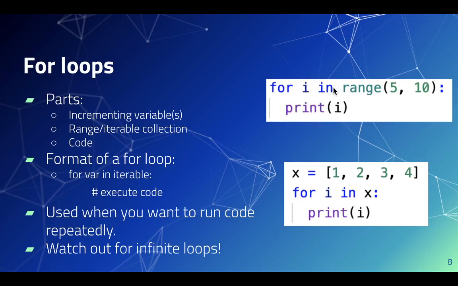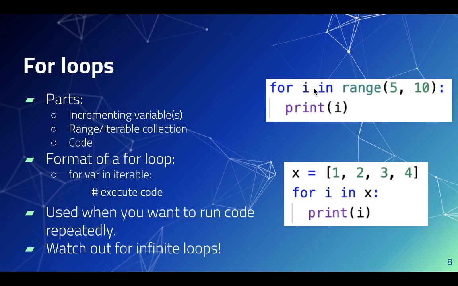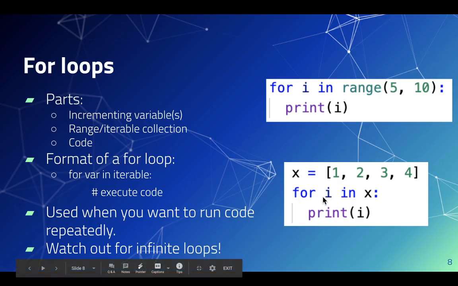And essentially, what's happening with a for loop is you want to use a for loop when you want to run a piece of code a certain number of times. For example, in the first case, we want to run it 5 times because we go from 5 inclusive to 10 exclusive.